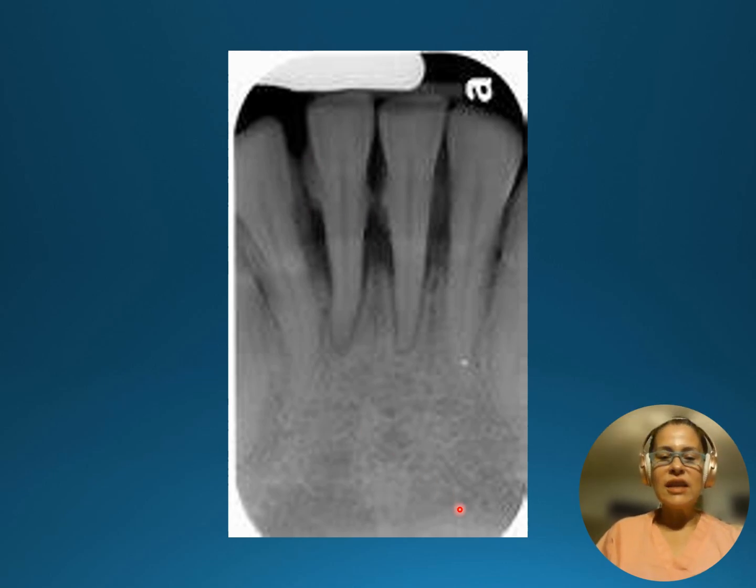Okay, and something that's interesting about the calculus deposits that have been there for a long time, fellows, is that the bone loss is going to match the shape of the calculus. It's really crazy. So you see here, this has been there forever. You can see this chunk here, and you can see the shape of the bone going up and matching the shape of the calculus.